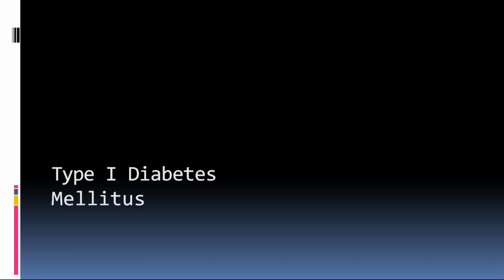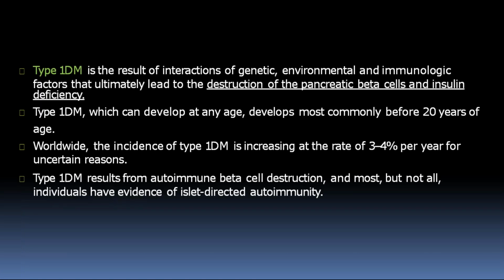The pathogenesis of type 1 diabetes mellitus: it is a result of interaction of genetic, environmental, and immunological factors that ultimately lead to the destruction of the pancreatic beta cells, resulting in insulin deficiency. Like I told you in the etiology, it can be autoimmune or idiopathic.